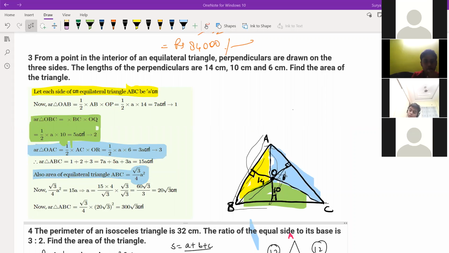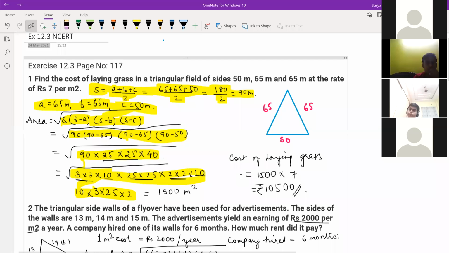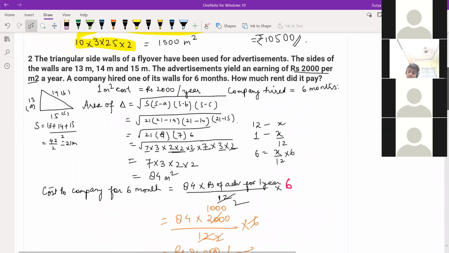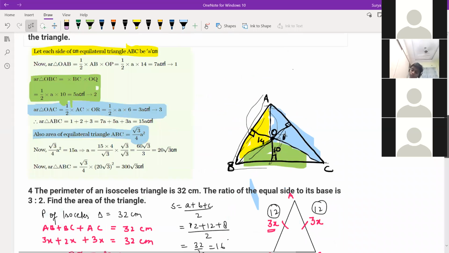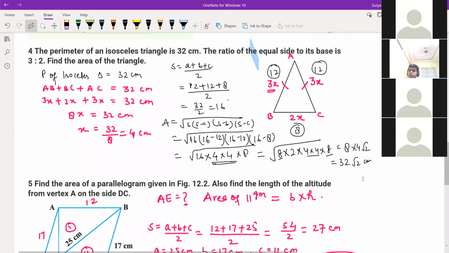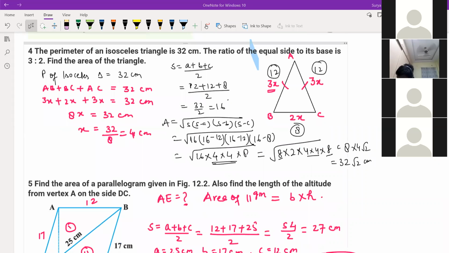Sir, 32 root 2 centimeter square. Correct. Everyone got the same answer, children? All of you? Yeah, sir.